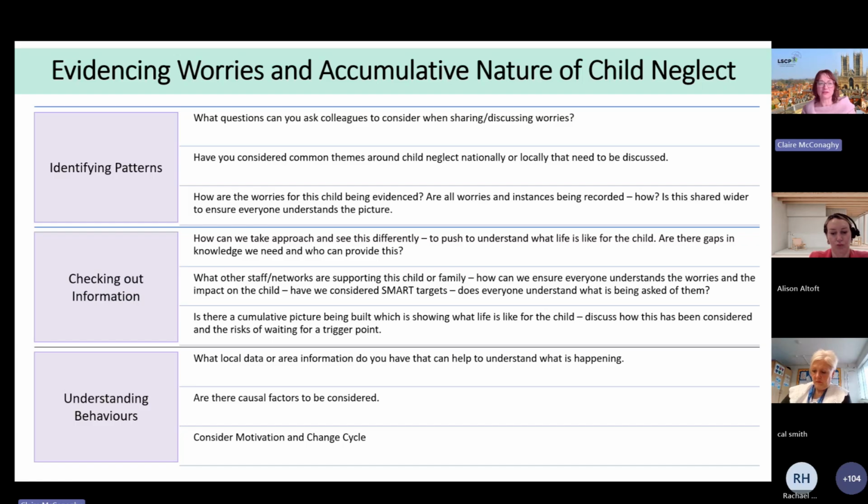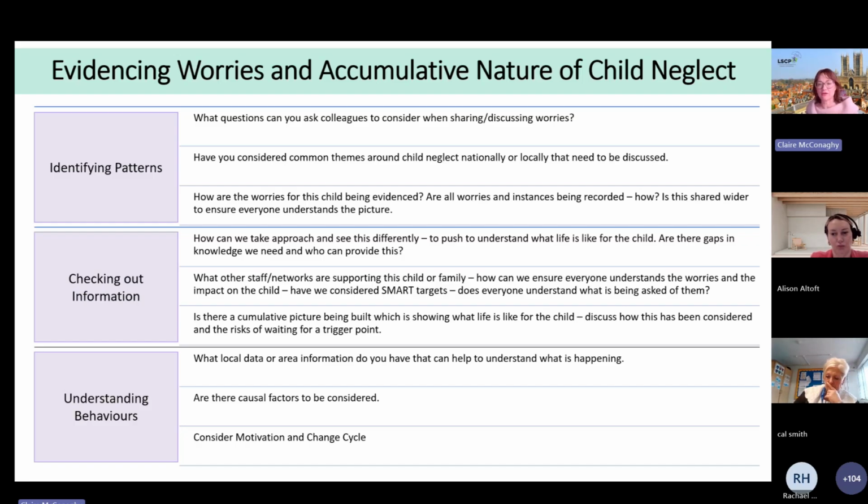The first one is identifying patterns. This is really about helping to explore and look at the picture that's been built. It is about discussing those worries, any common themes around neglect, nationally and locally, how we've been mentioning it, and really how we are evidencing this, where and how it is being recorded, and who we're sharing it with.